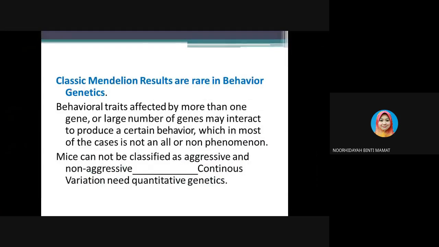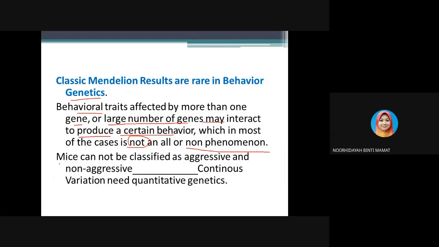Classic Mendelian results are rare in behavioral genetics. The behavioral traits are affected by more than one gene, a large number of genes that may interact to produce a certain behavior, which in most cases is not an all-or-none phenomenon.